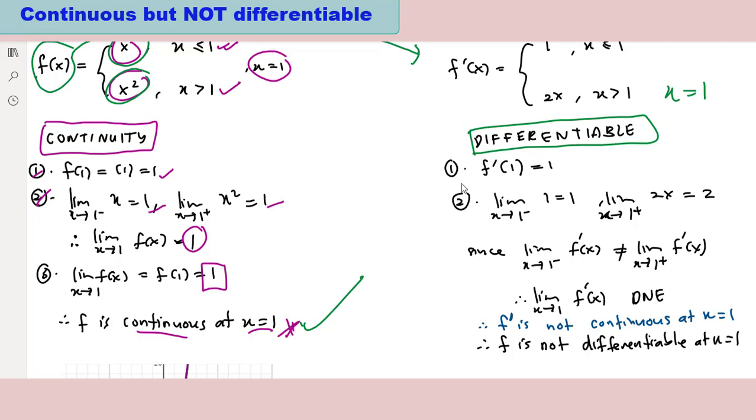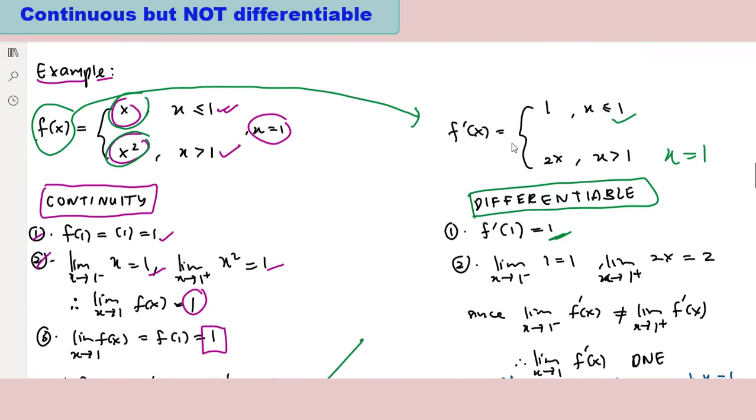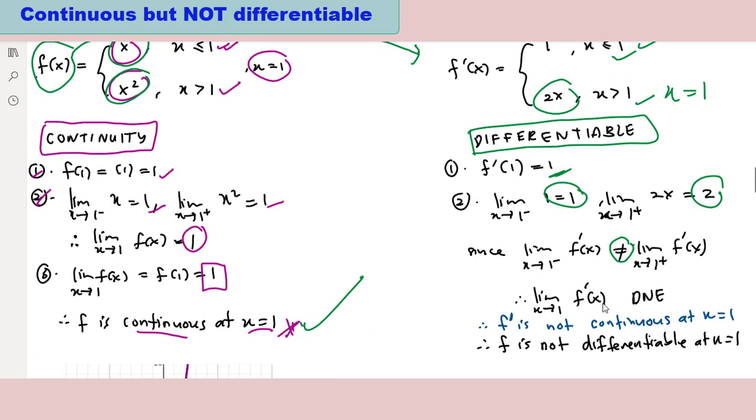Follow the three steps. First, f prime of 1, substitute, gives 1. For the second step, the limit as x approaches 1 from the left is 1. The limit as x approaches 1 from the right, in this function, substituting gives 2. Since the limit of f prime of x from the left is not equal to the limit from the right, the limit of f prime of x as x approaches 1 does not exist.